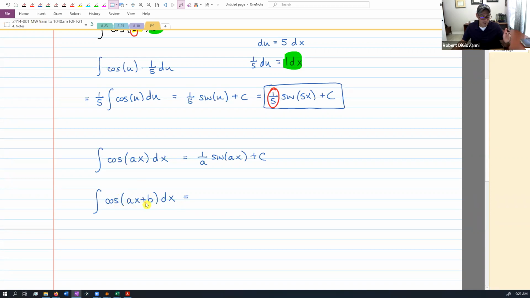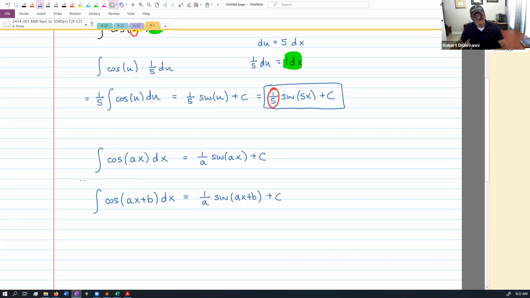It's just a, because b is a constant here. So the derivative of the b would be 0. So in that case, we should still be able to do 1 over a, but now sine of ax plus b.